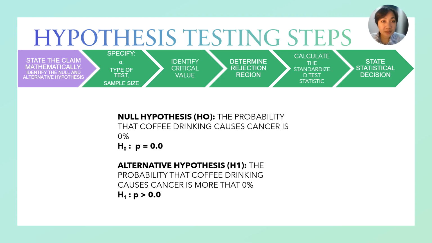The null hypothesis can always be the equal sign, but you can also use the complement of the alternative hypothesis. And if your alternative hypothesis is greater than, then your null hypothesis would be less than or equal to. But again, it's okay to just put the equal sign because it's understood anyway that the null is the complement of the alternative. As long as your alternative hypothesis is correct, you can just put equal sign for null.